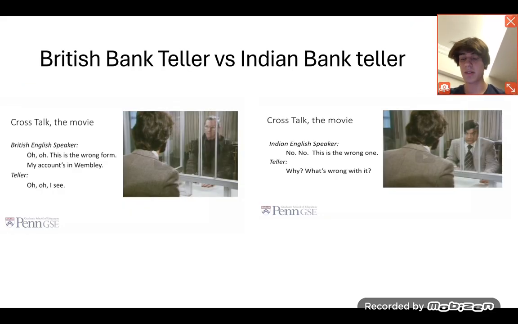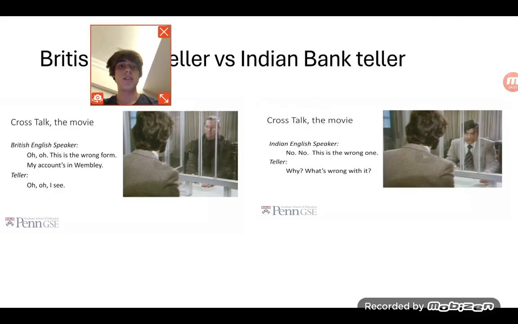So here is the example. As you can see, the British English speaker says, "Oh, this is the wrong form. My account is in Wembley." And the teller responds back to him saying, "Oh, I see." On the other hand, when it comes to the Indian bank teller, he says, "No, this is the wrong one."